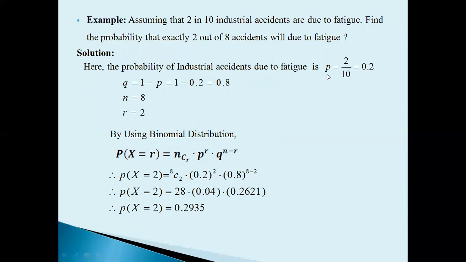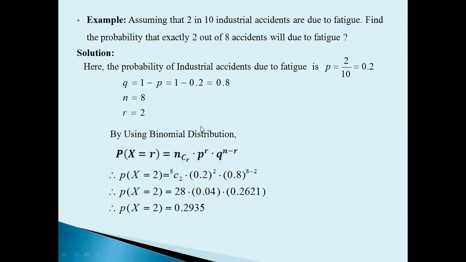It is the value of p. Then q is equal to 1 minus p, which is 1 minus 0.2, equal to 0.8. The value of n is equal to 8. We have to find the probability that exactly 2 out of 8 accidents, that means n is equal to 8 and r is equal to 2.